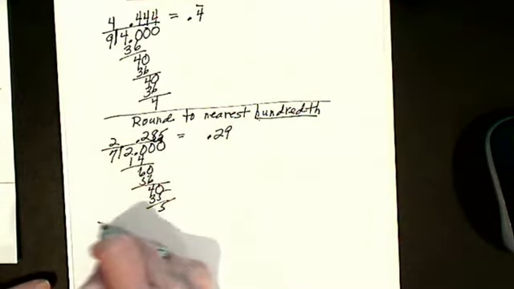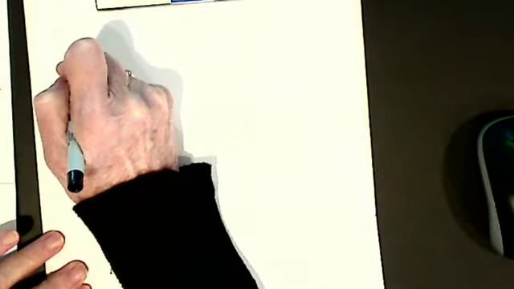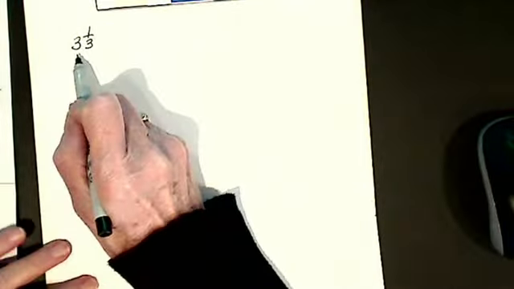We'll do one more type. The last example, I want to convert a mixed number to a decimal. So let's say I have 3 1/3. I can do it 2 ways. I could keep my 3 and just convert the third.